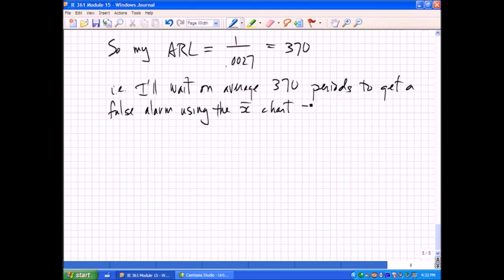So in some sense, this is a fairly conservative way to operate. I don't get many false alarms. This is a pretty good sized number, is what I'm saying here.